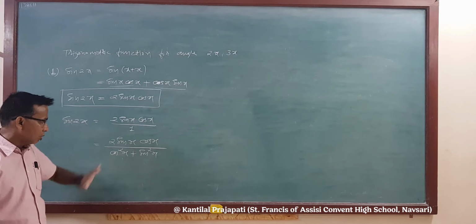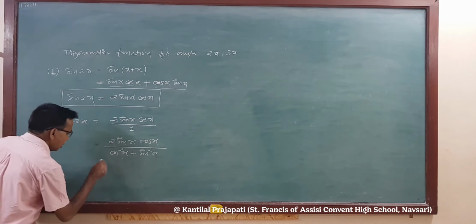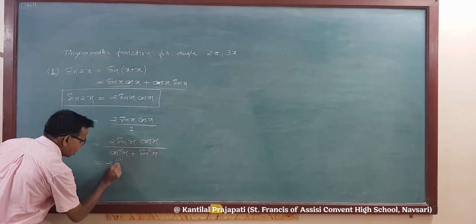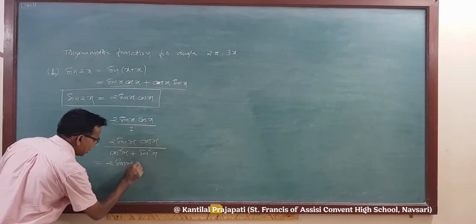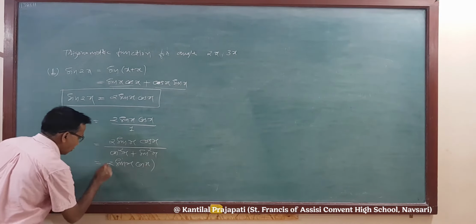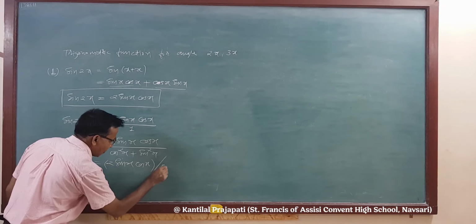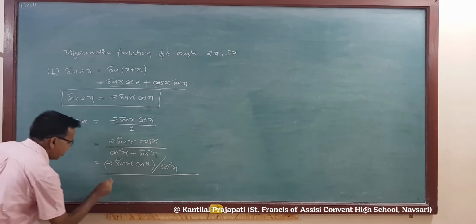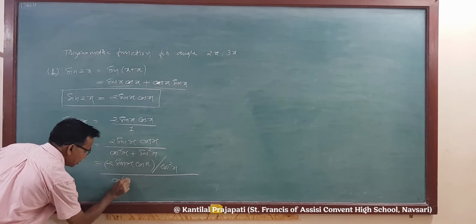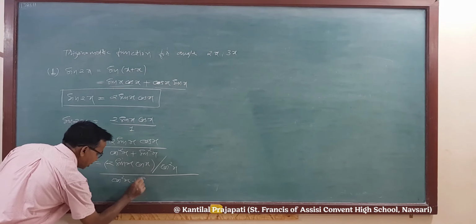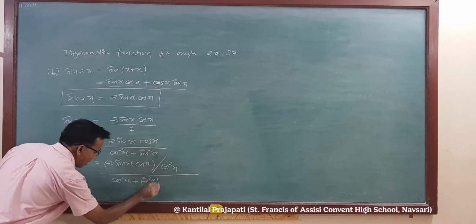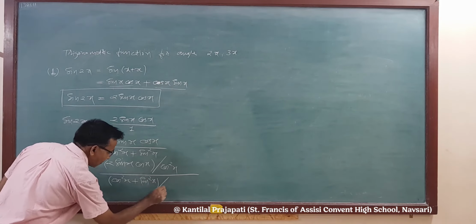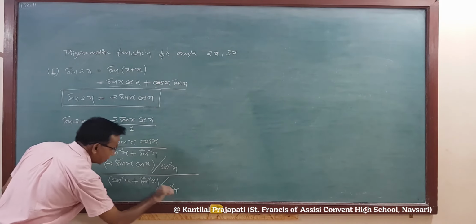Numerator and denominator both dividing by cos square. So we write each term dividing by cos square x: sin x cos x, whole divided by cos square x, upon cos square x plus sin square x, whole divided by cos square x.